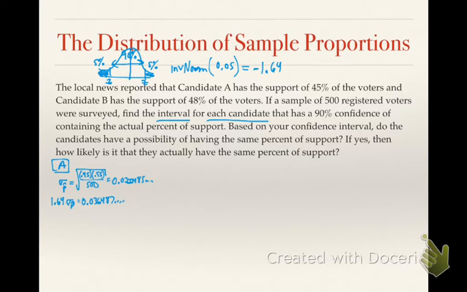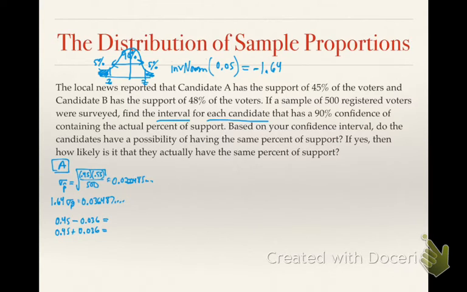So to find the confidence interval of containing the actual percent of support with 90% confidence, we're going to take our proportion of 45 and subtract off 0.036 and add 0.036, because that is 1.64 deviations above and 1.64 deviations below.